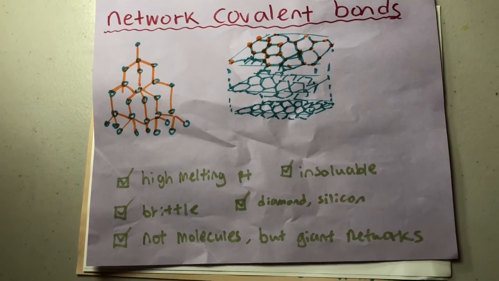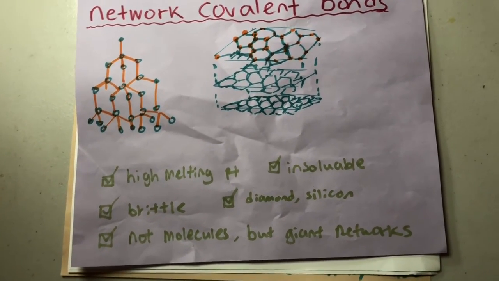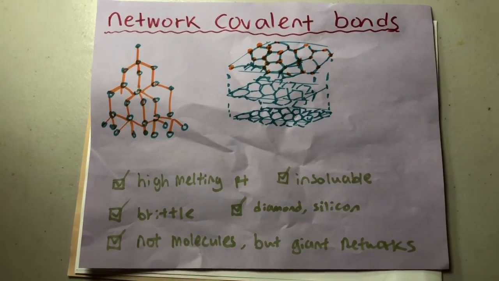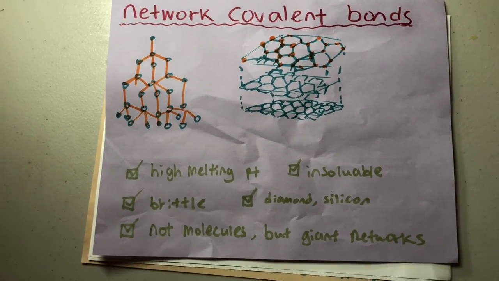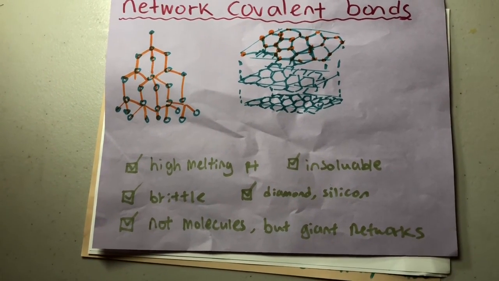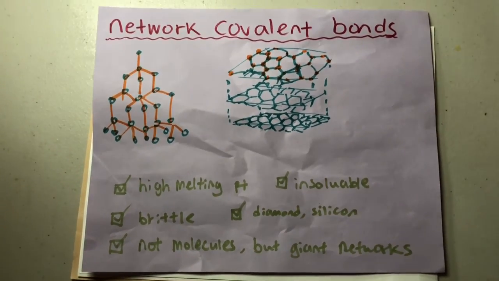Network covalent bonds have a high melting point due to its strong bonds. They are also brittle, and some examples of network covalent solids are diamond, silicon, and graphite. They are not molecules, but instead giant networks, just like its name.